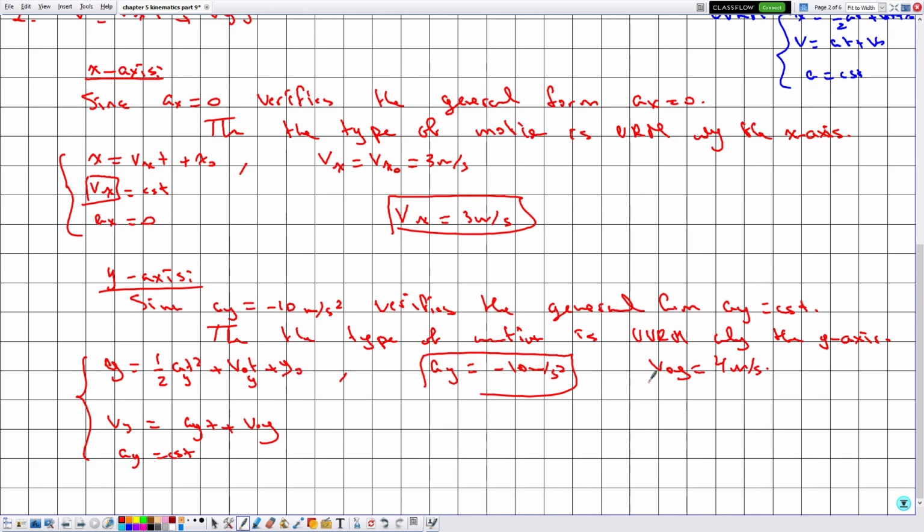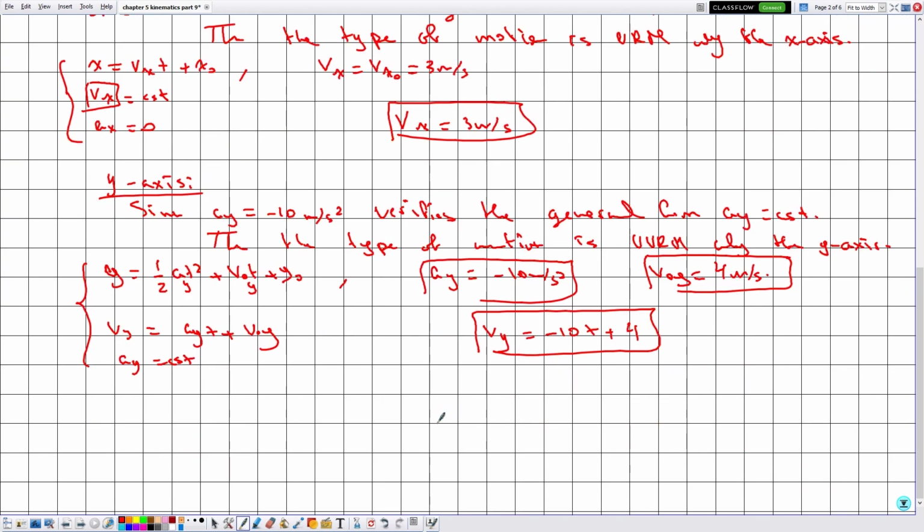So in this case, the expression of vy as a function of time, because it explicitly depends on time, is given by minus 10t plus 4. Now we are ready to express the velocity vector, which is given by v is equal to 3i plus (minus 10t plus 4)j.